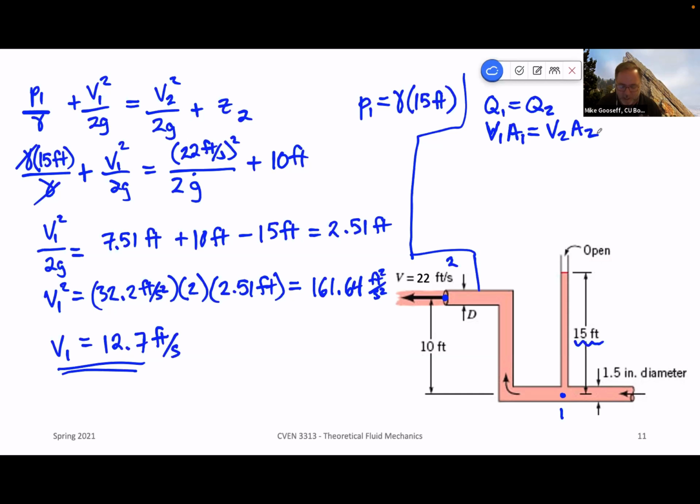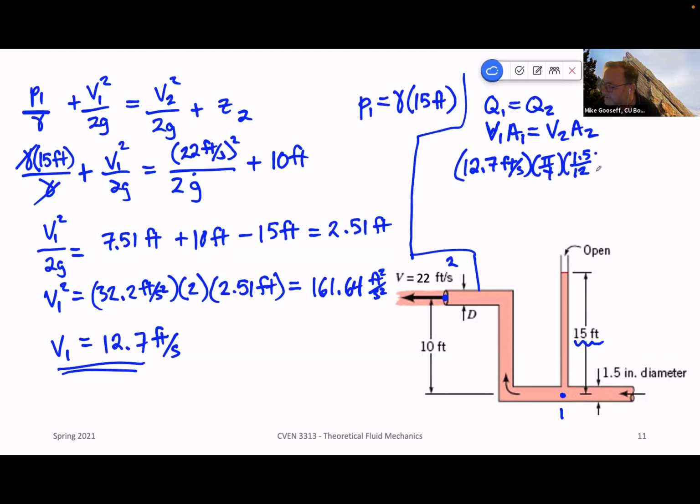So on the left-hand side, we have 12.7 feet per second times pi over 4, and then our diameter D1, the upstream one, we know is 1.5, and I'm going to divide by 12 right here because it's inches.